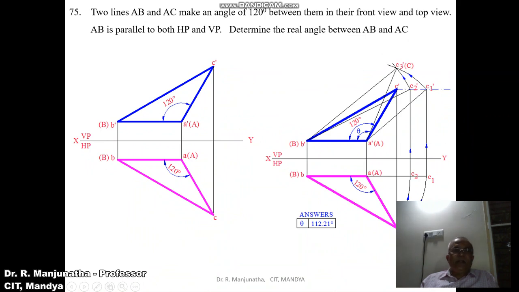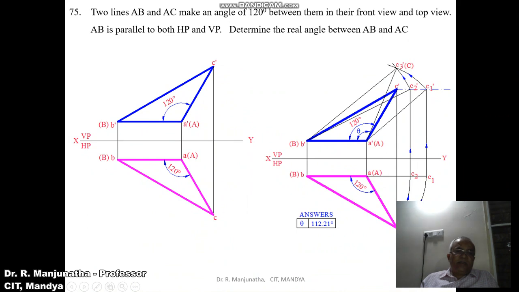So this is a typical example, and this is the sketch we have to draw according to the given problem. You have three lines. One line is parallel to both HP and VP. If you consider A dash C dash, you can see that the line is inclined to HP, and AC, the line is inclined to VP.